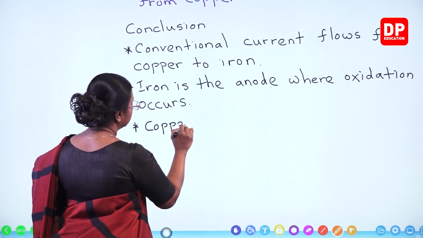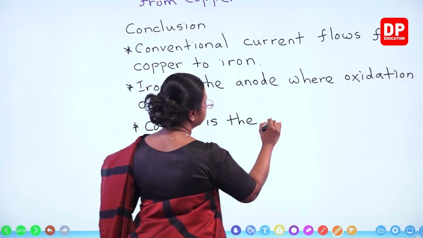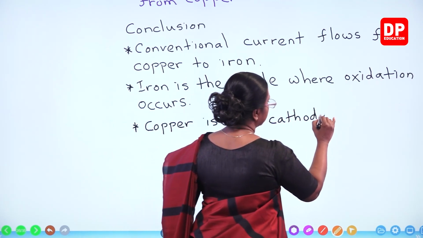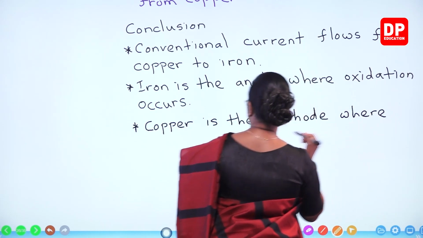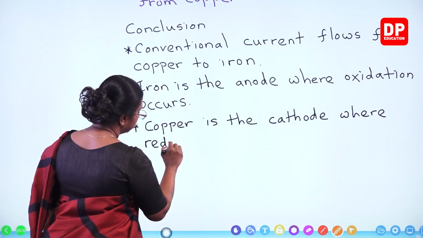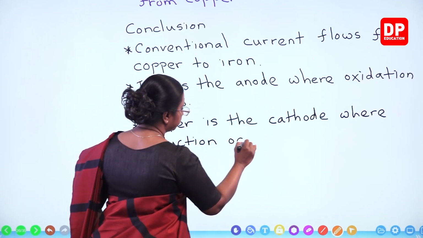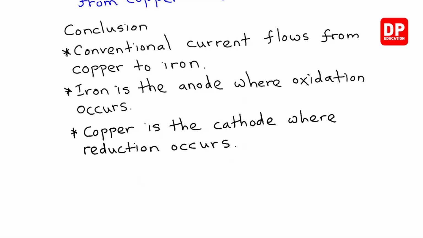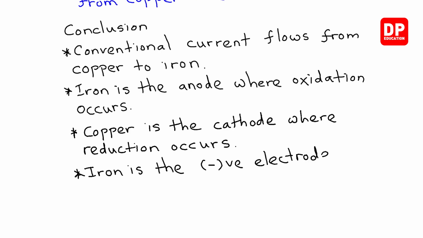Copper is the cathode where reduction occurs. And iron is the negative electrode, and copper is the positive electrode.